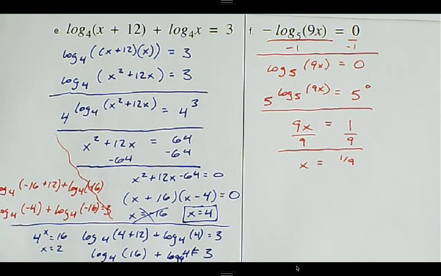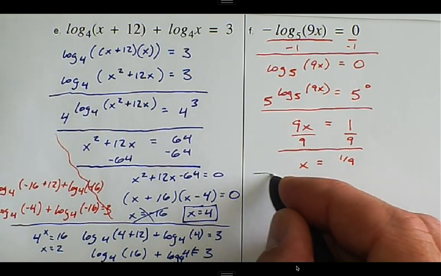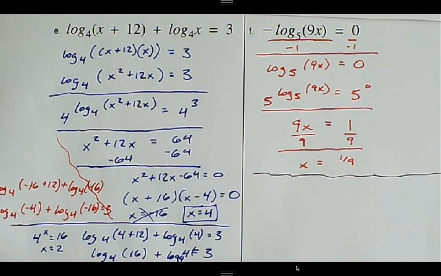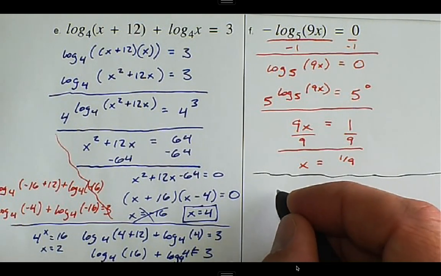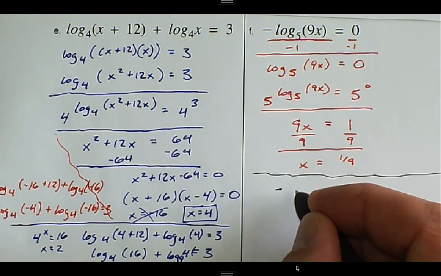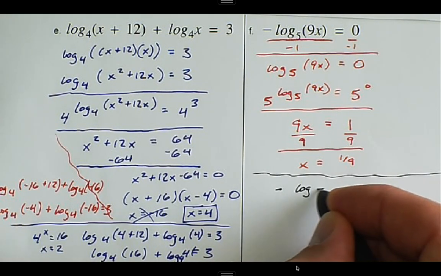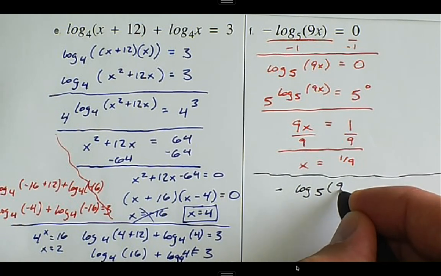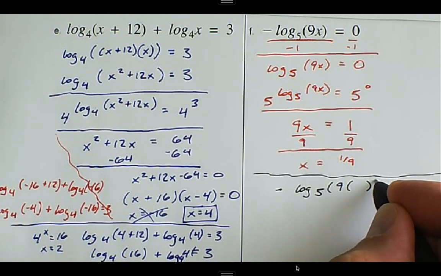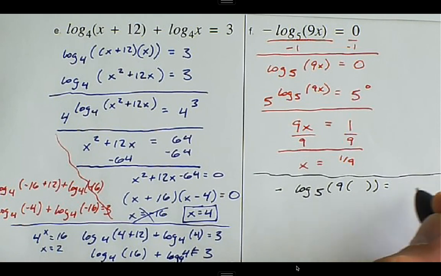And then we can check that just to make sure that we're all set. We're going to just substitute it in. So negative log base 5 of 9 times 1/9 is equal to 0. And that's what we want to check.